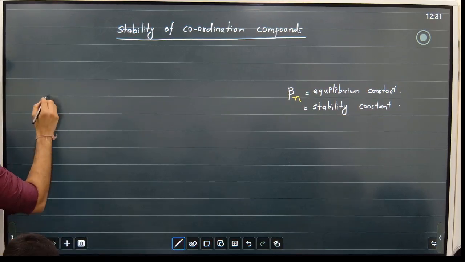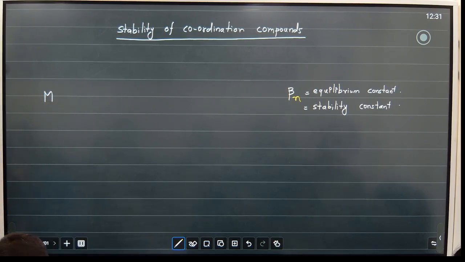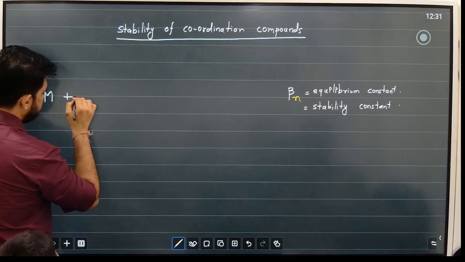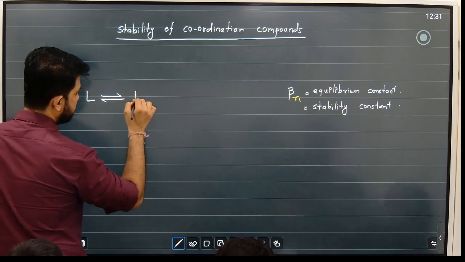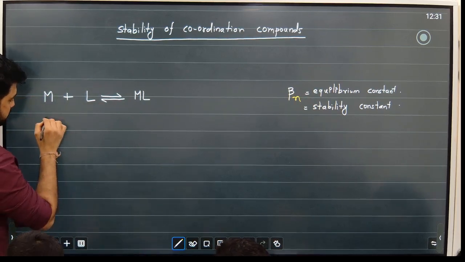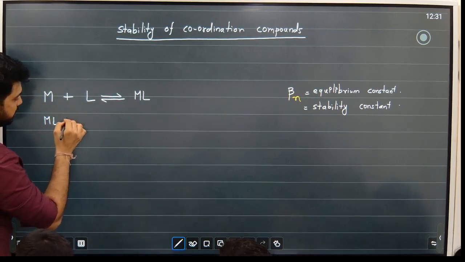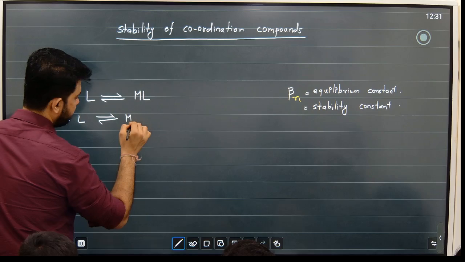Let's say I have M as the central metal atom. You have a ligand which forms a bond with the central metal atom. So what will form, people? Let's say ML. This ML with one more ligand becomes ML2.